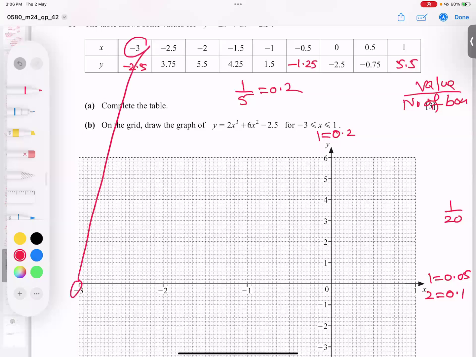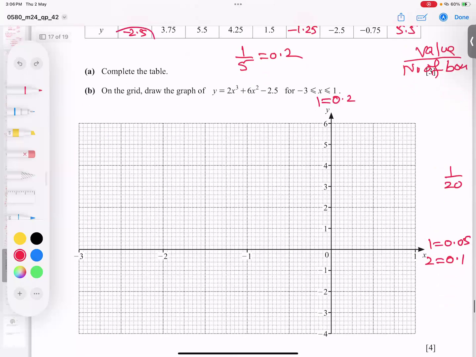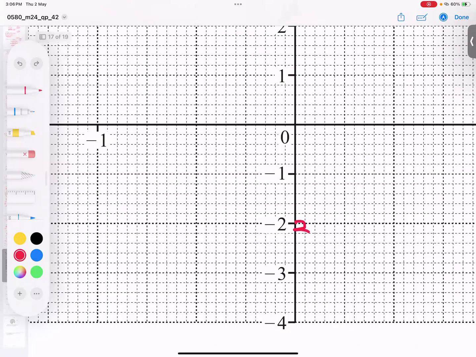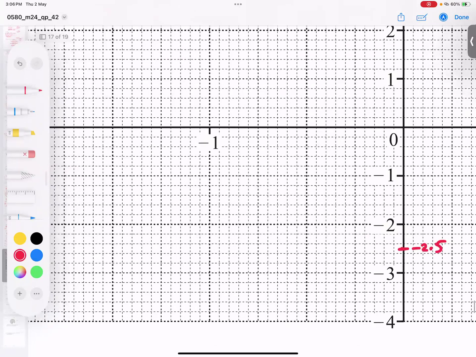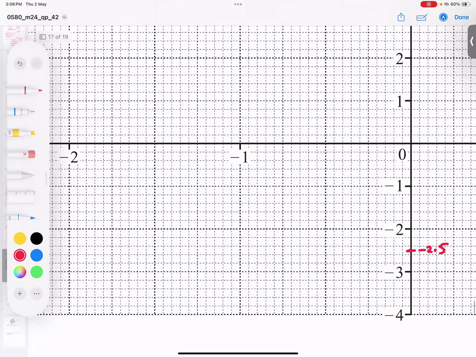Okay, students, let's start. -3 and negative -2.5. -3 is here and y is -2.5. So it is the middle of 2 and 5, so 2.2, 2.4, 2.6, 2.8, and 3. This is -2.5 and goes straight across.